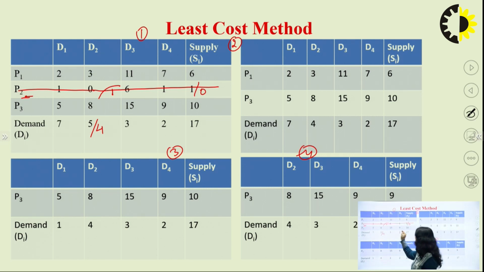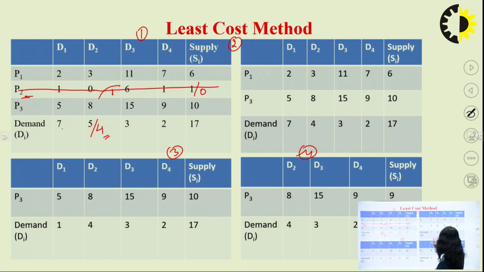This will also be same P3, 5, 8, 15, 9, 10, but this demand row will change. Now, it is 7, but it is 4 only, because we have satisfied the demand of this particular cell. So, now it is 4, then 3, 17. So, we will draw the matrix for each allocation.